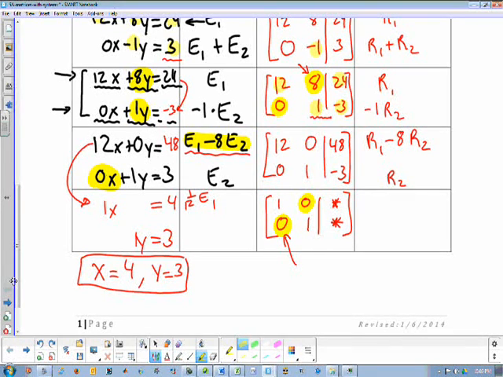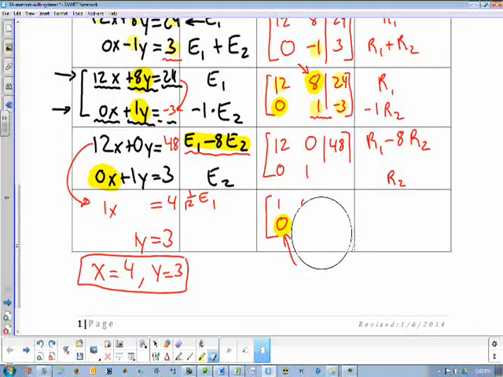Okay, let's back up here. All right, the idea here is that the second row is just fine.